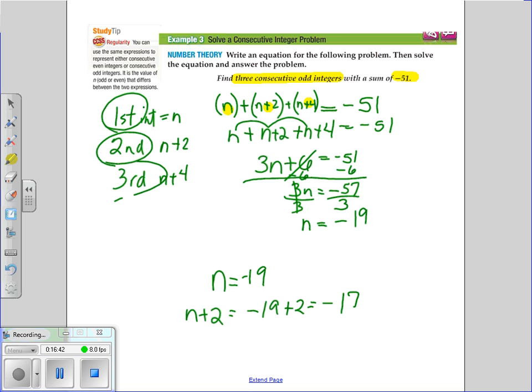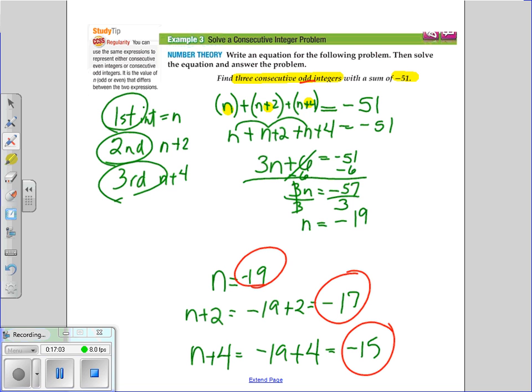And my third number is n plus 4, so that'll be negative 19 plus 4, or negative 15. So what are my 3 consecutive odd numbers? Negative 19, negative 17, negative 15. And if you think about a number line, 0, there they are, negative 19, negative 17, and negative 15.